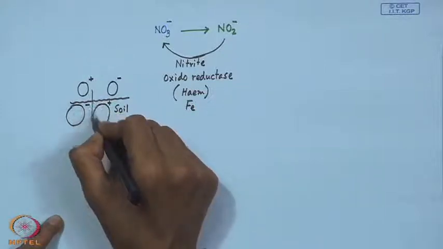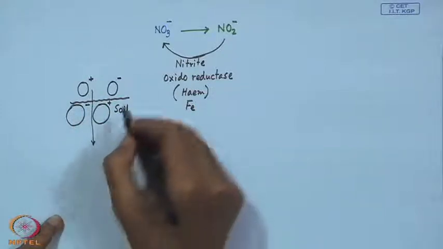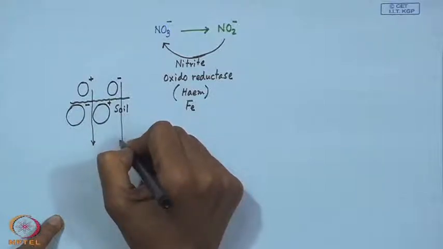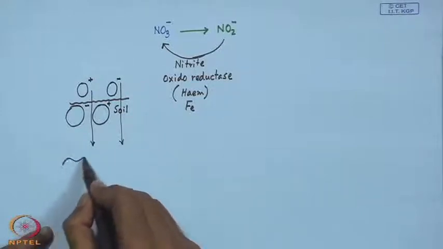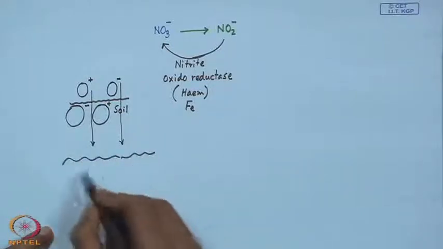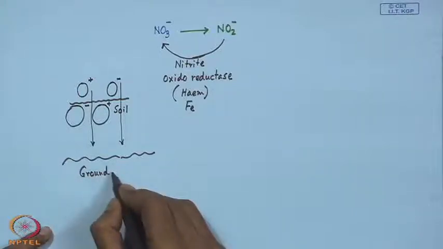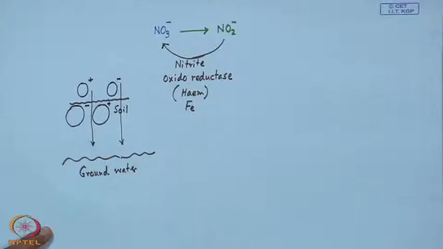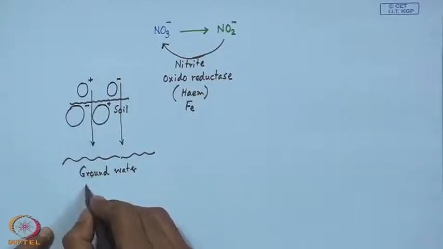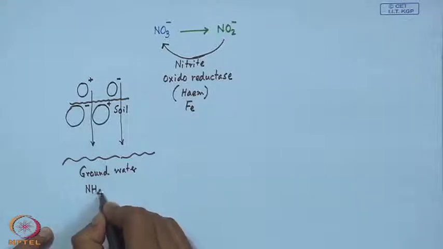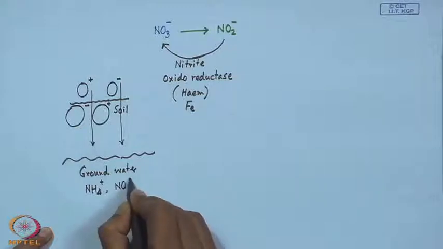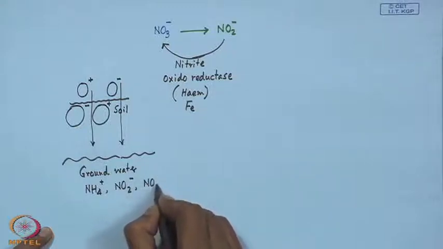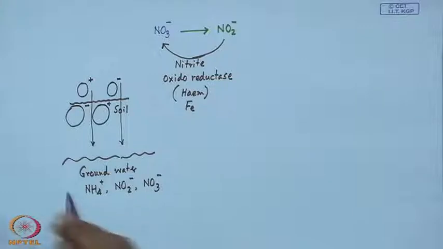If this is not there, these ions, the cations and anions, basically percolate through the soil material and can go ultimately to the groundwater. So we have some elevated level of concentration for ammonium ion, for the nitrite ion and for the nitrate ion in the groundwater.